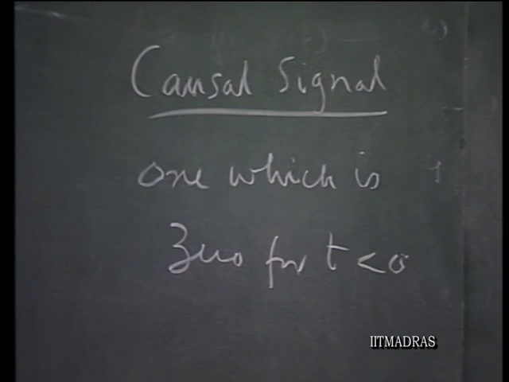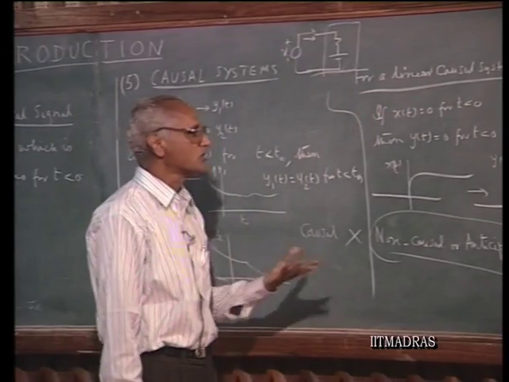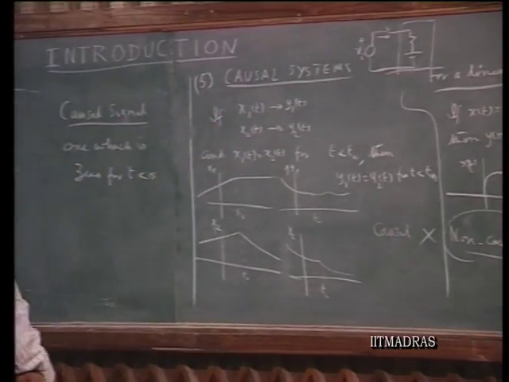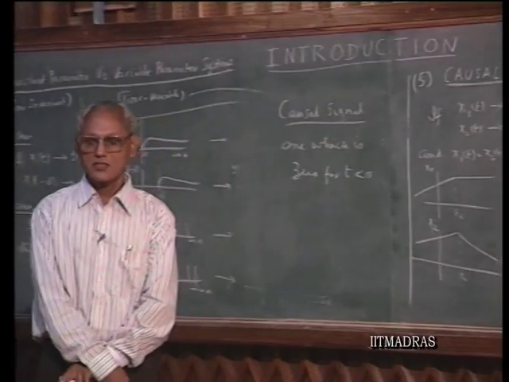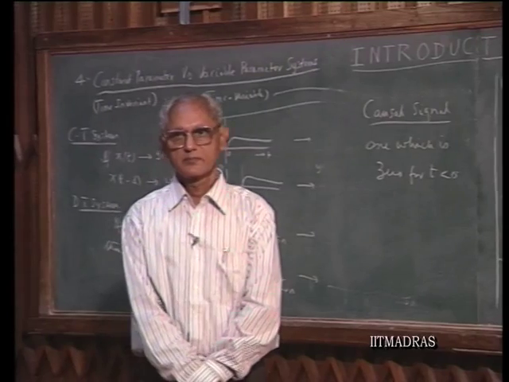So, a causal signal is normally defined as one which is 0 for t less than 0. That means here this x(t) is a causal signal, it is 0 for t less than 0. So, one can say that the property is that if a linear causal system has a causal signal as the input, the output will also be a causal signal, right?